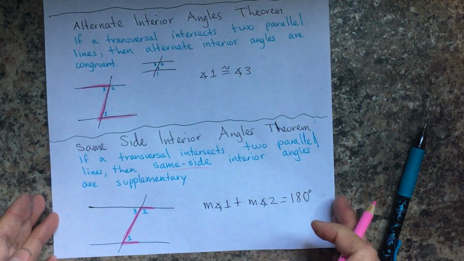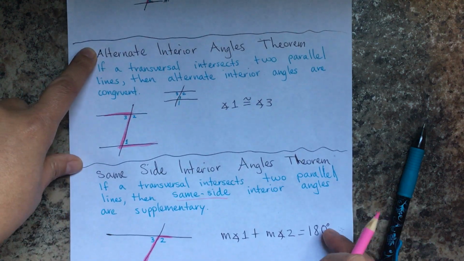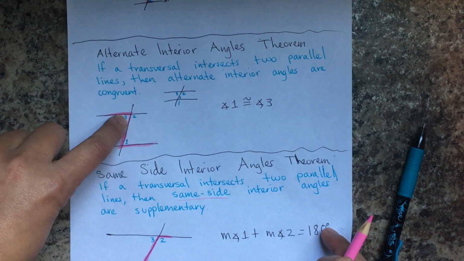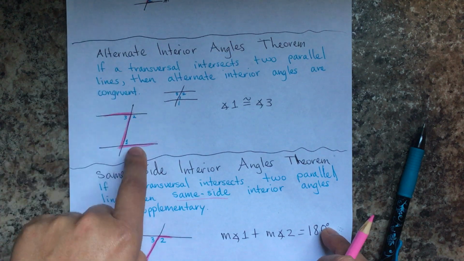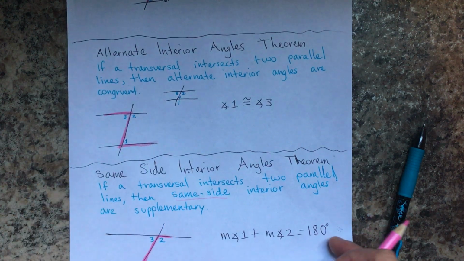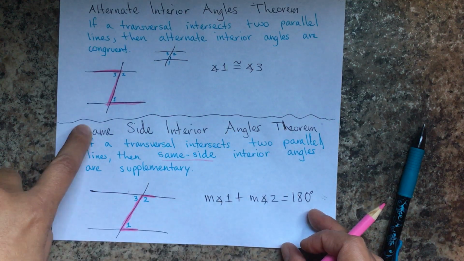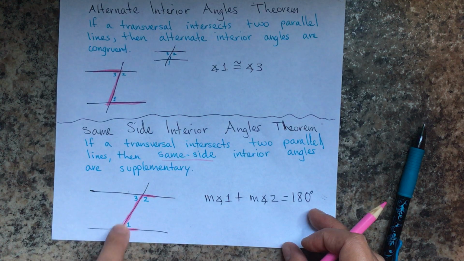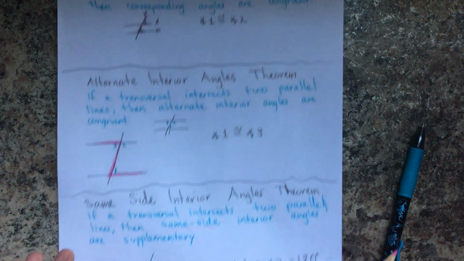How do I relate these ones? Well, I always think of alternate interior angles: A is the first letter of the alphabet, Z is the last letter of the alphabet. Alternate interior angles form the letter Z. Same side interior angles: the sound same, C, same. Letter C. Maybe that'll help.